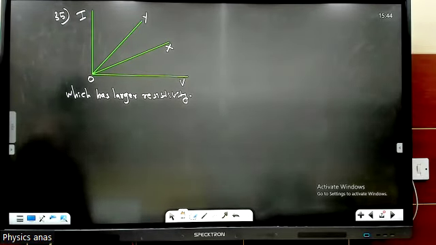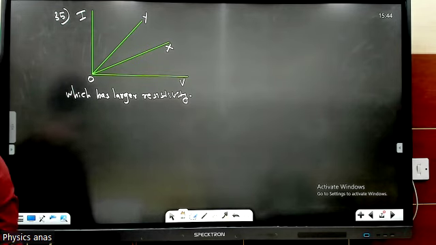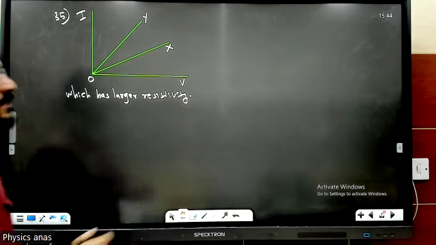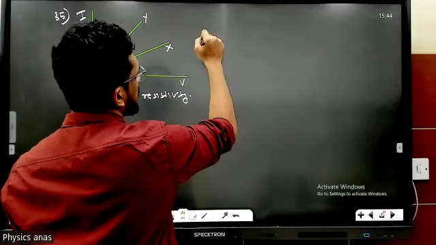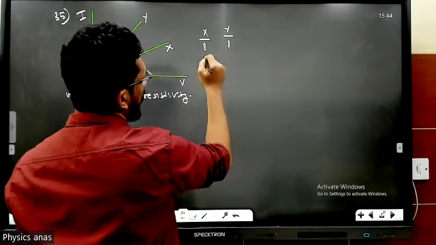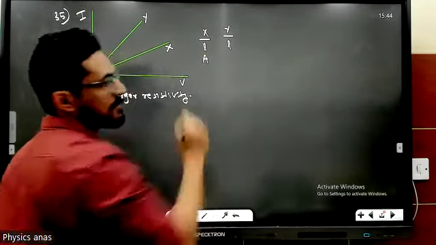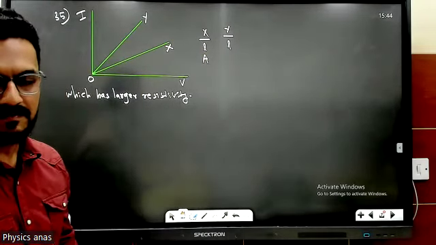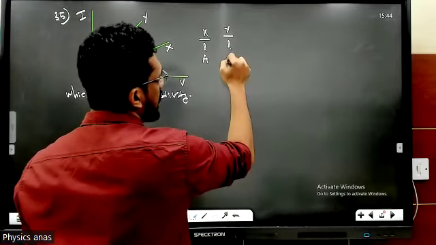In the question, they are saying that the two wires X and Y have equal length and diameter. If diameter is equal, area is equal.